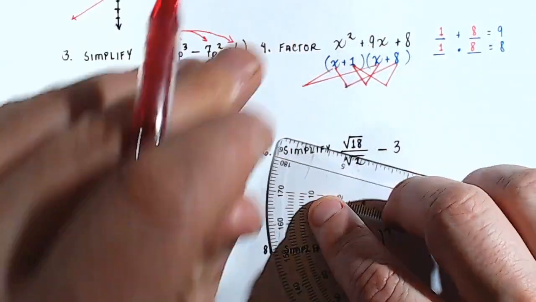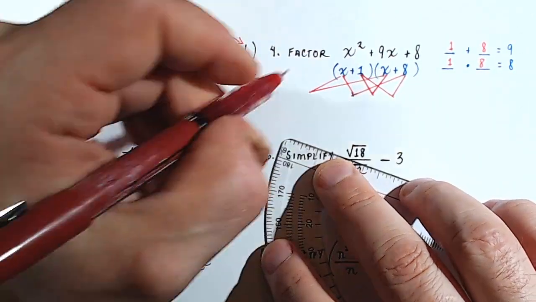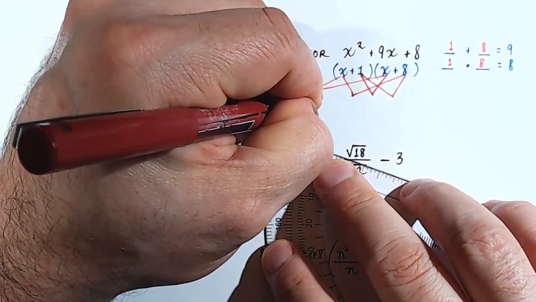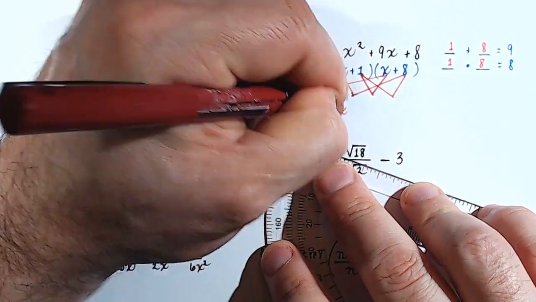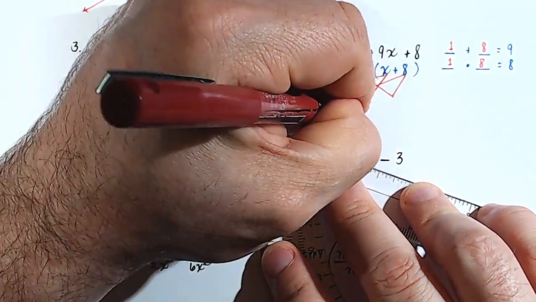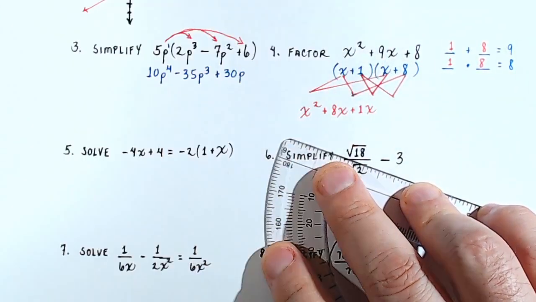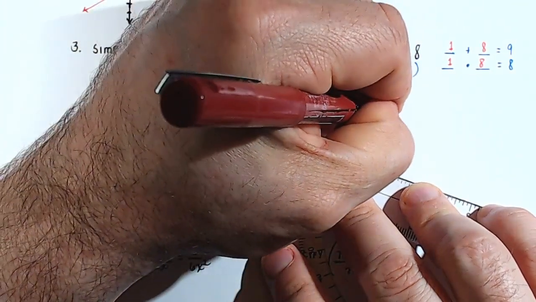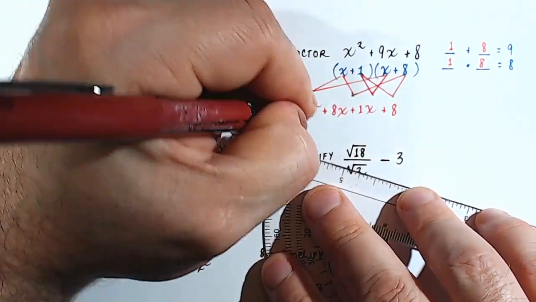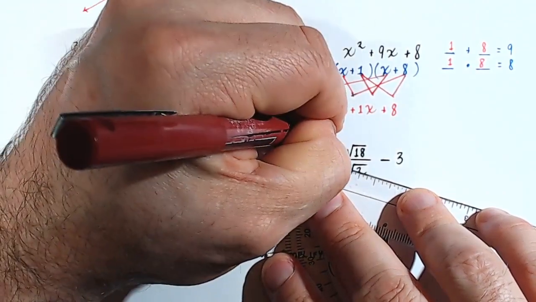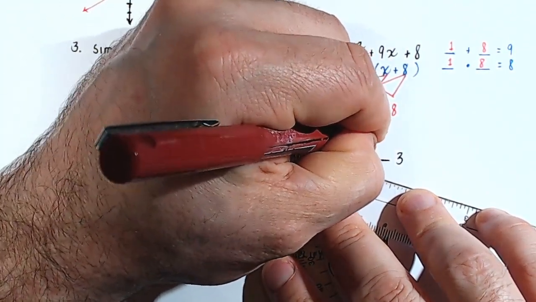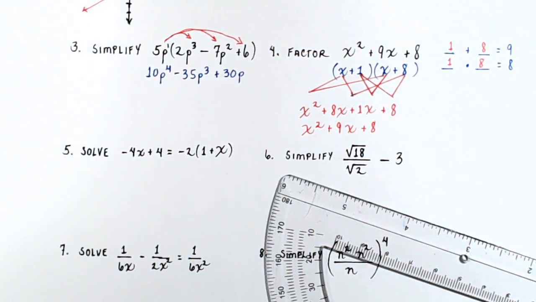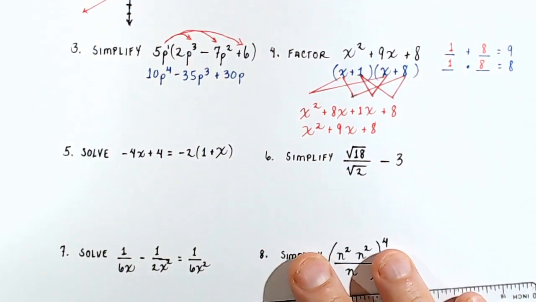The first term is x times x, well, that's x squared. Outer, x times 8, that's plus 8x. Inner, 1 times x, that's plus 1x. Last, 1 times 8, that's plus 8. So combine the middle terms and I get my original expression. Okay, so that's the ins and outs of factoring quadratics.